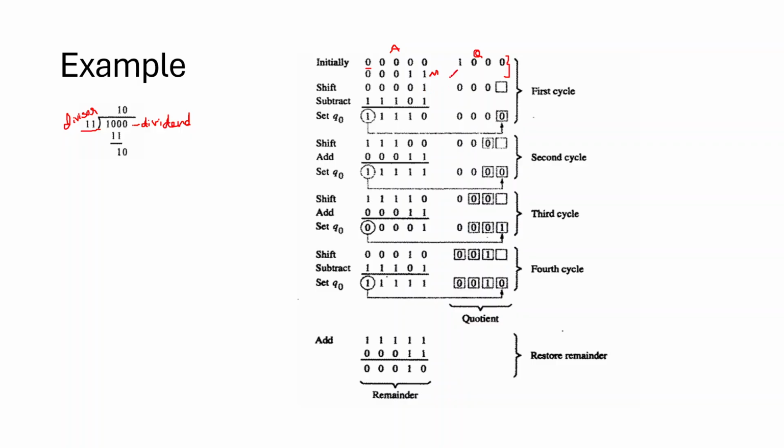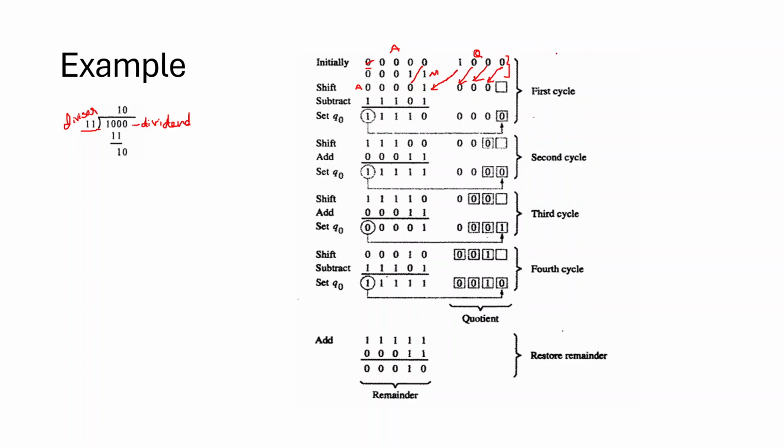This bit comes here, and this bit will be discarded. After shifting, you get this as A, and this will be the Q. After shifting you need to perform the subtract operation, subtracting M from A.